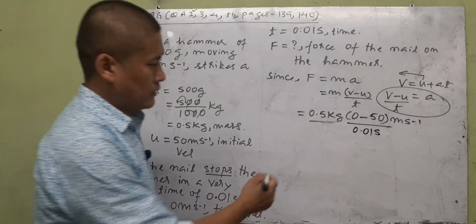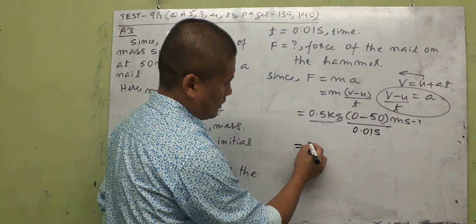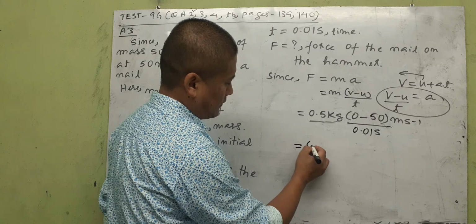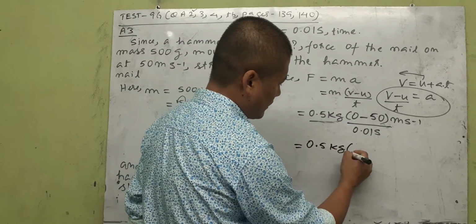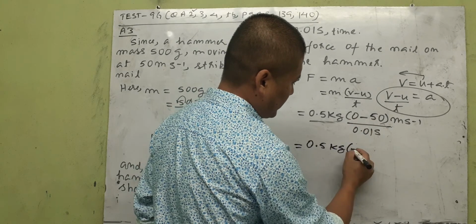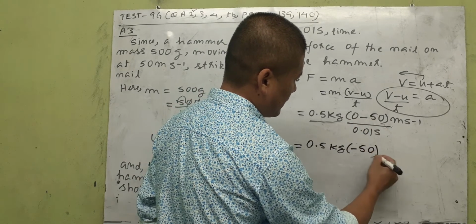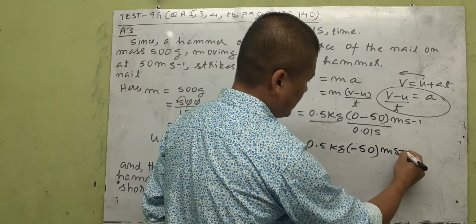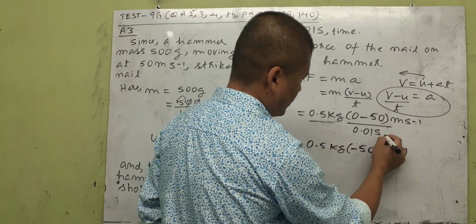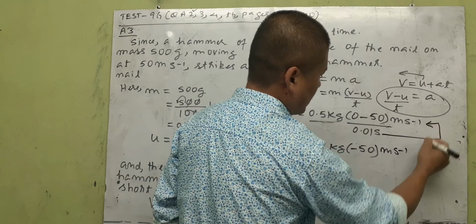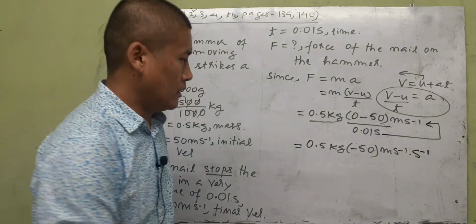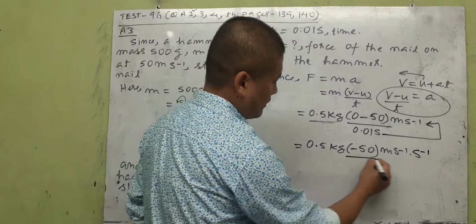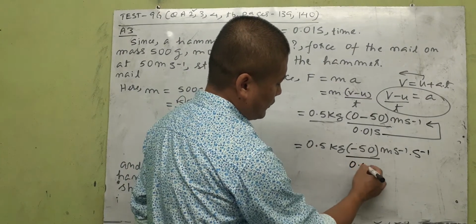Just a matter of doing it carefully. So here 0.5 kg into 0 minus 50 will be minus 50, and here meter per second. And if you shift this second to the power plus 1 to the numerator, then another second to the power minus 1, then divided by only the number is left 0.01.